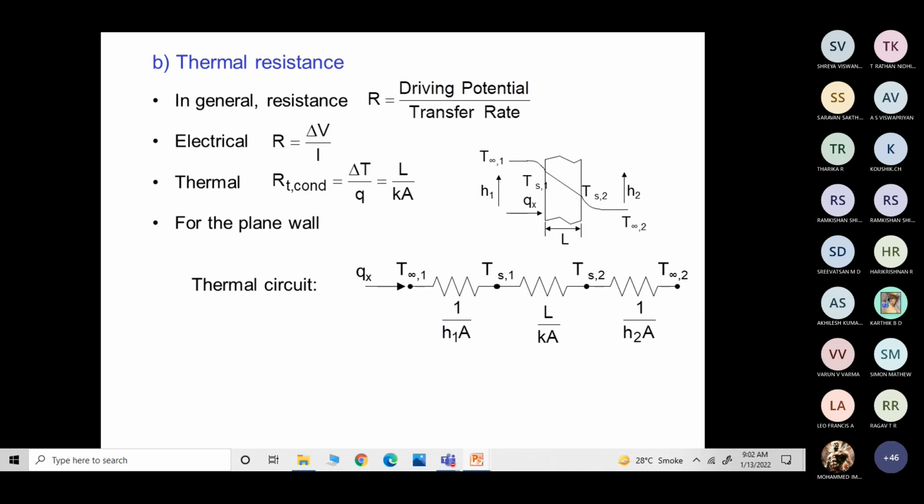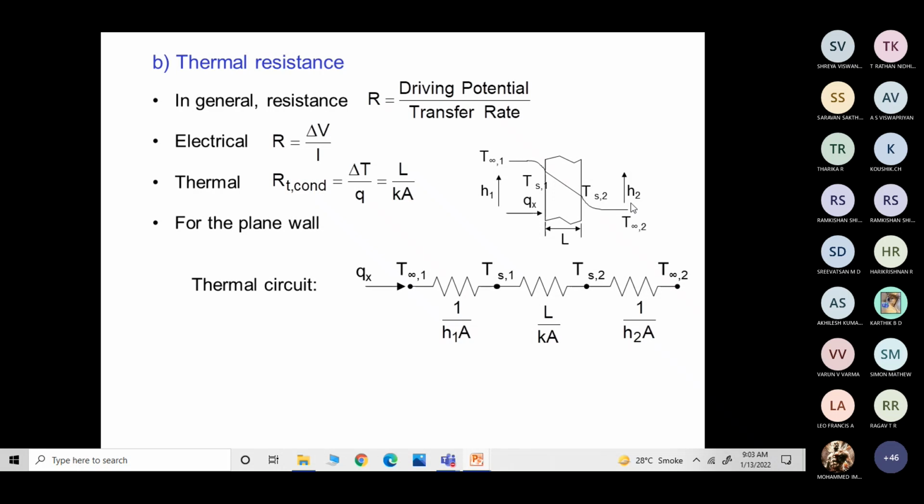If you have an insulating material, the heat transferred will be lesser. Similarly, for the outer fluid, if we have a fluid with a higher convective heat transfer coefficient, then the heat transfer will be much higher. So this is what you have to understand.